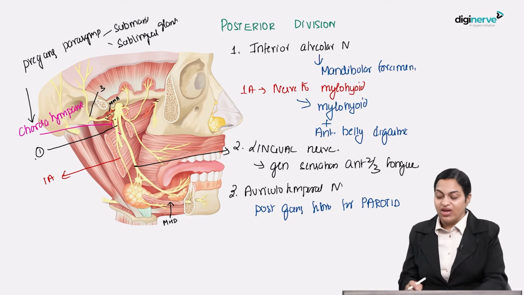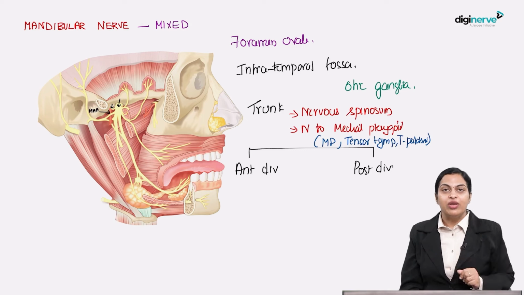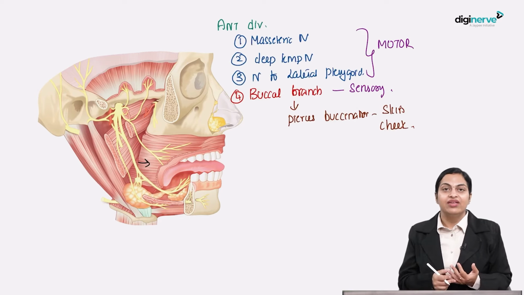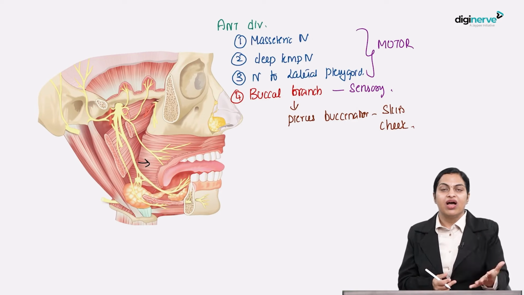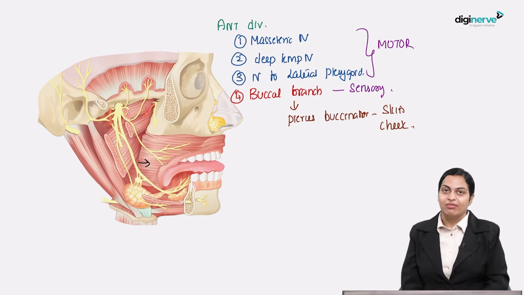To summarize, the branches coming from the mandibular nerve, from the trunk, nervus spinosus and nerve to medial pterygoid that supplies medial pterygoid, tensor tympani and tensor veli palatini. From the anterior division, the branches to the muscles of mastication other than medial pterygoid, nerve to lateral pterygoid, the deep temporal nerve supplying the temporalis muscle and masseteric nerve, plus 1 sensory branch, the buccal branch.